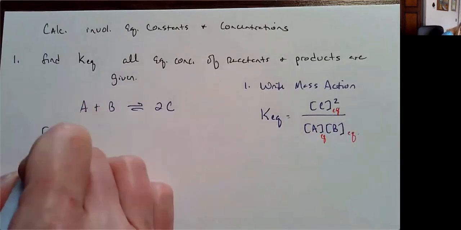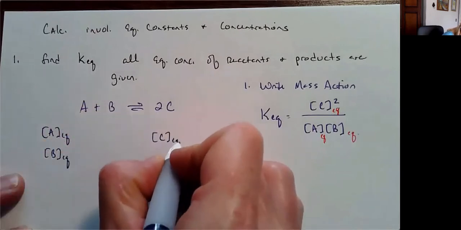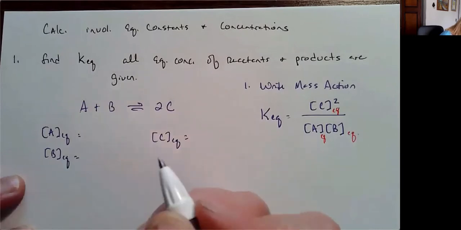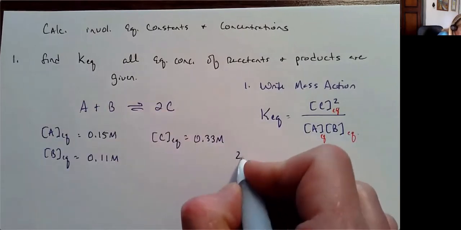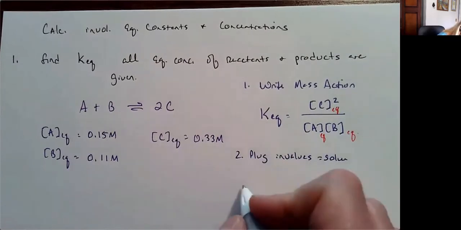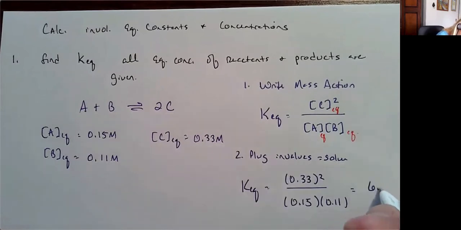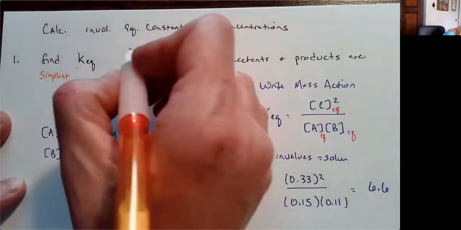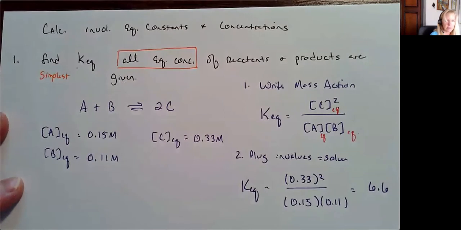You're given all the equilibrium concentration values, so now all I need to do is plug in my values and solve. So KEQ equals, that's going to give me a value of 6.6. This is the simplest: I want to find KEQ and all my equilibrium concentrations are given to me. So that would be one type of problem.